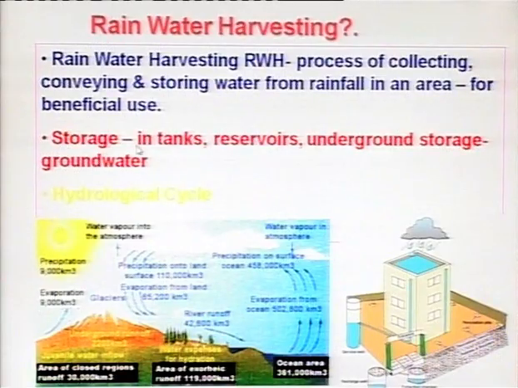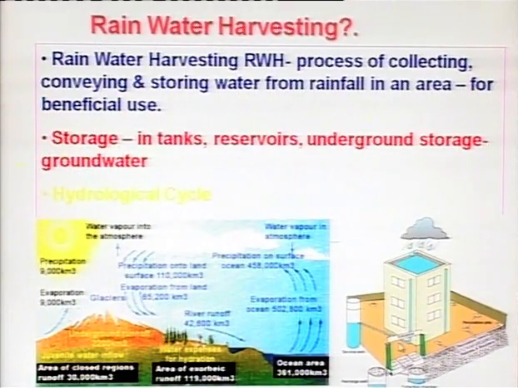You can store the rainwater in tanks, big reservoirs, underground storage, and groundwater pits. You see in the picture there is a high amount of rainfall on the roof of the building, and this water goes down with the help of pipes.